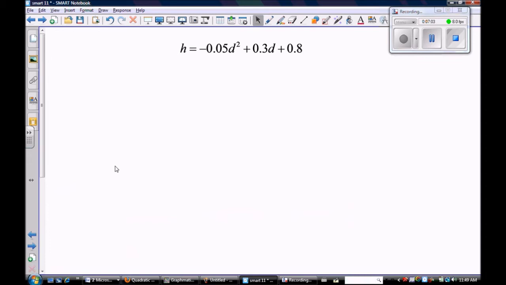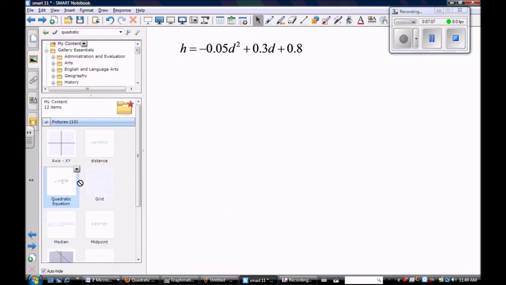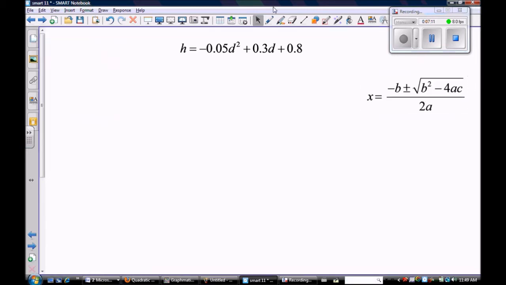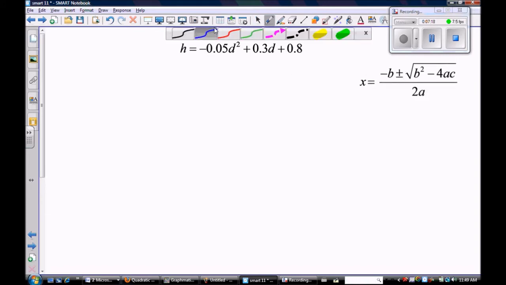So again, here's my equation, and now I need to remember what the quadratic equation is. I'm sure you have this memorized. There is no way you can pretend that it's May and you haven't got this memorized. So I don't even want to talk about that. Of course it's memorized. So the value of A is negative 0.05.